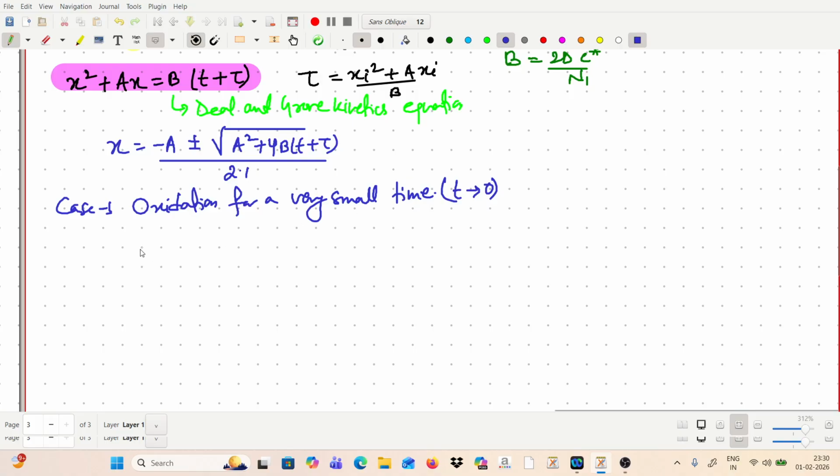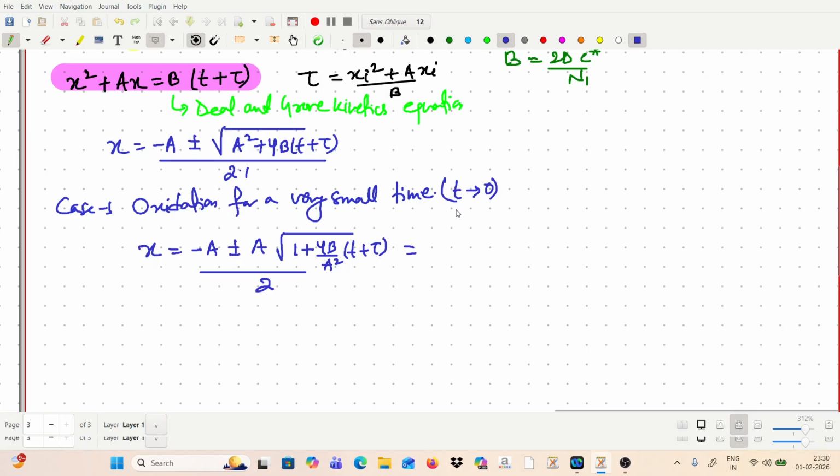So at that time x equals to what we can write, minus a plus minus this, if we take common a outside, t plus tau by 2.